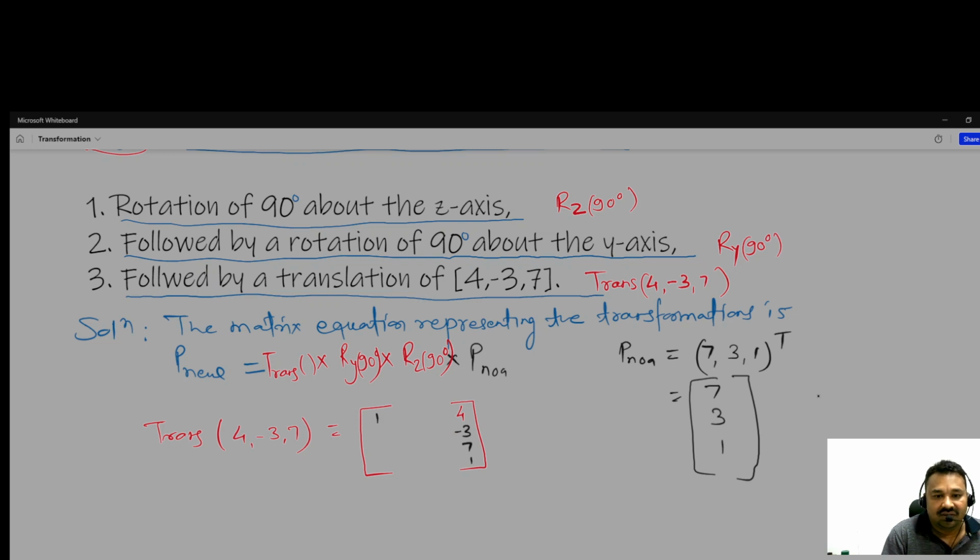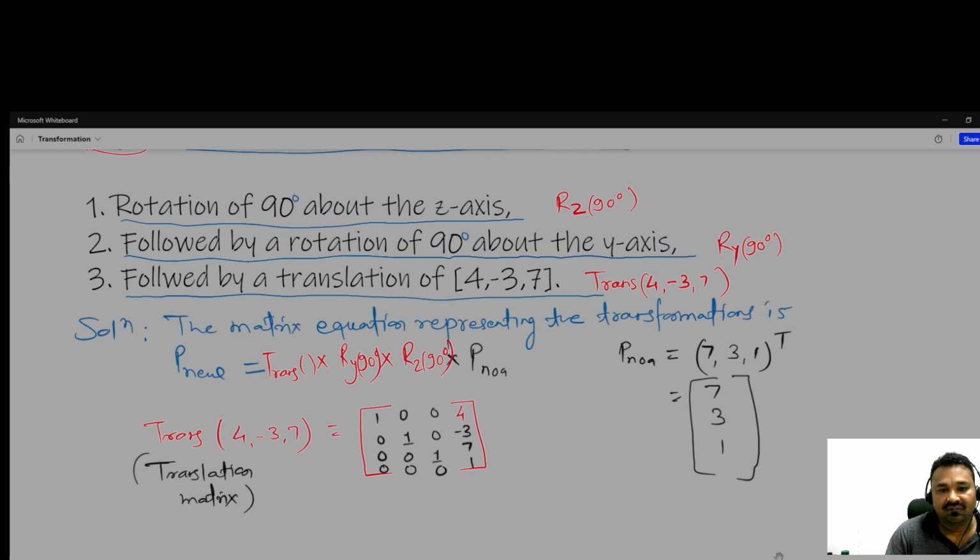This will be 1 0 0 0 0 0 here, and here will be 1, here will be 0, and here will be 1, here will be 0, here 0 0. Okay, in this way we can write the translation matrix.